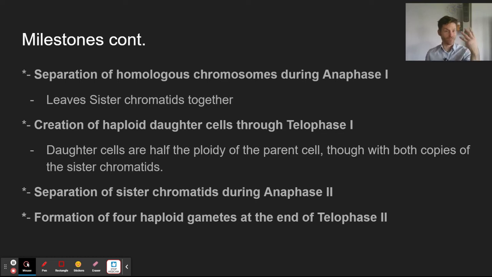If you're 4N, which is the notation for ploidy, your daughter cells here are going to be 2N. We're 2N, so our daughter cells are 1N. If it was 122N, why did I do this to myself? I'm not going to do that. If it's 120N, it'd be 60N. Therefore, 122N would be 61N.